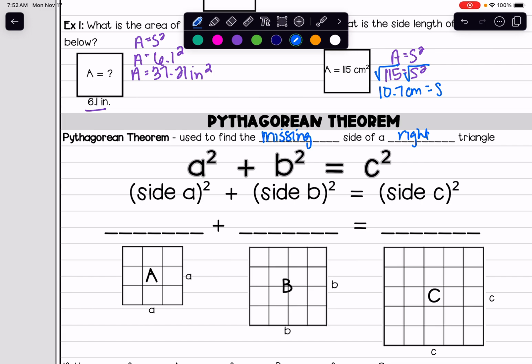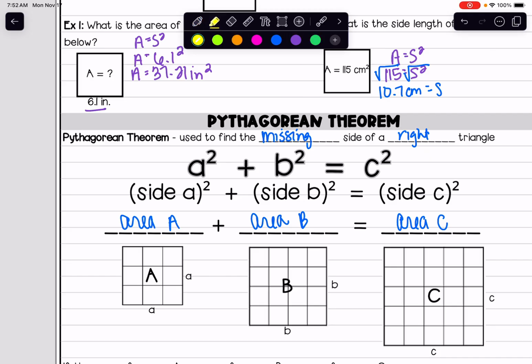So side A, when we square that, that is the area of A. Side B, so that is the area of B, equals the area of C. Now, if the area of A and the area of B does not equal C, then it is not a right triangle. Okay, so if they're giving you a missing one and they're telling you it's a right triangle, you then can either add or subtract depending on what it's looking for.